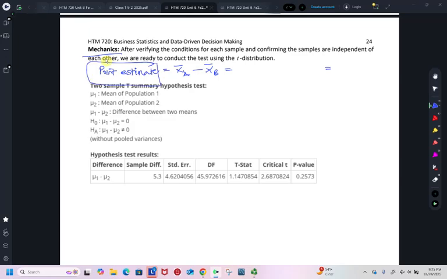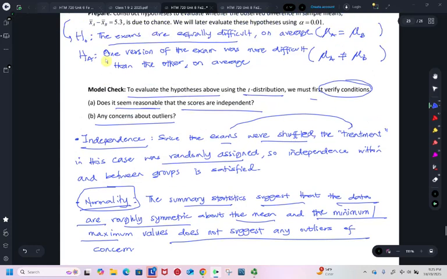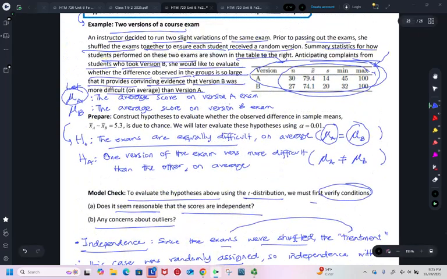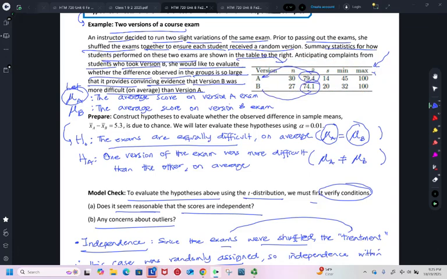And that requires us to look at the point estimate of the unknown difference. That will be the difference in the average scores for those who took version A of the exam and those who took version B of the exam. That will require me looking at the average sample score for version A minus the average sample score for version B in the sample.